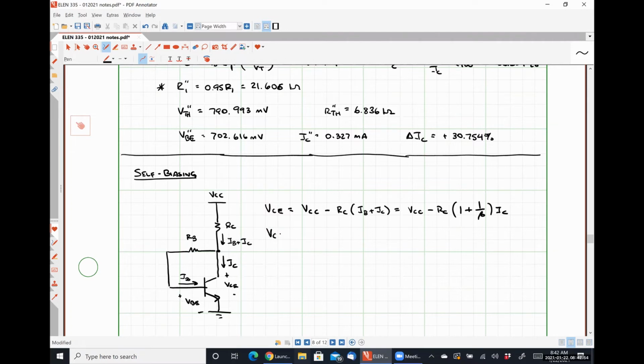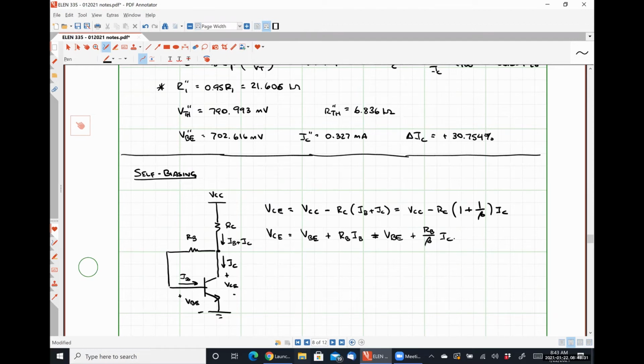We can also write VCE is VBE plus RB times IB. And since IB is IC over beta, this becomes VBE plus RB over beta IC.